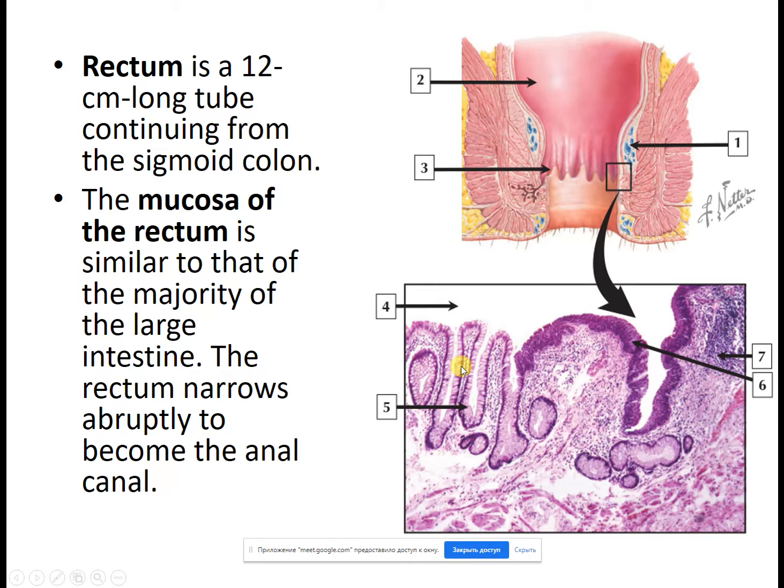Here we have simple columnar epithelium, and here almost abruptly starts the stratified squamous non-keratinized epithelium. In some books you can read that it transitions slightly from simple columnar to stratified cuboidal, then into stratified squamous, and then stratified squamous non-keratinized converts into stratified squamous keratinized, which resembles skin, as you see here, where even hairs are growing.